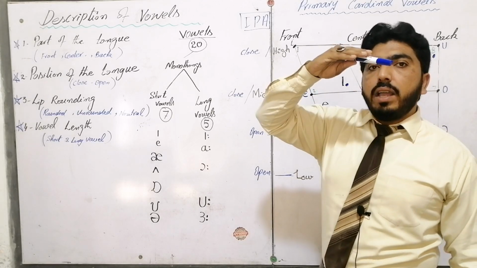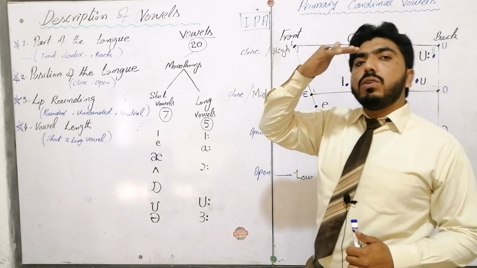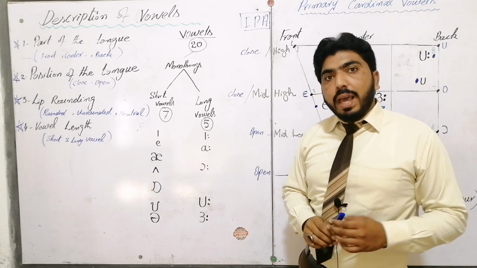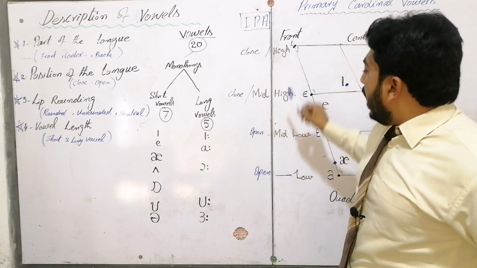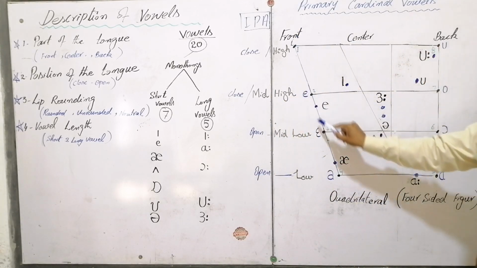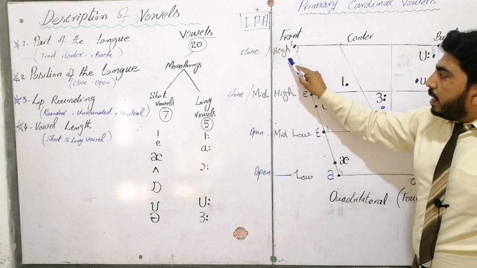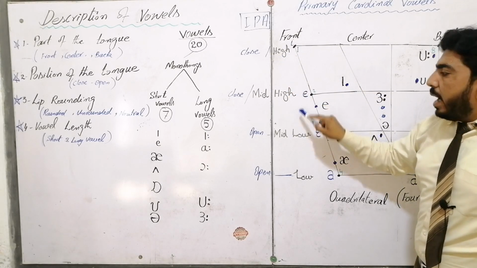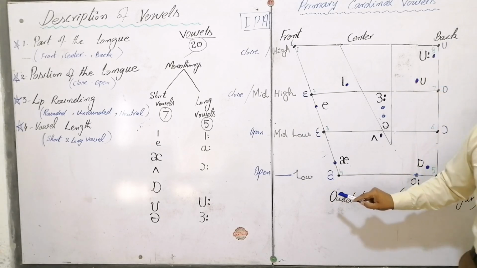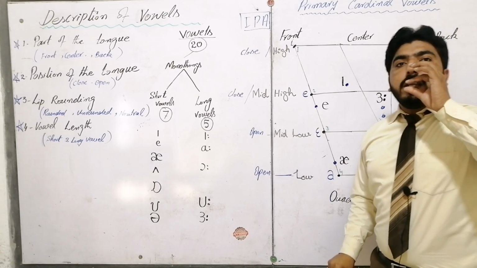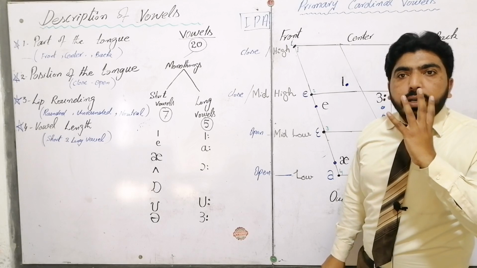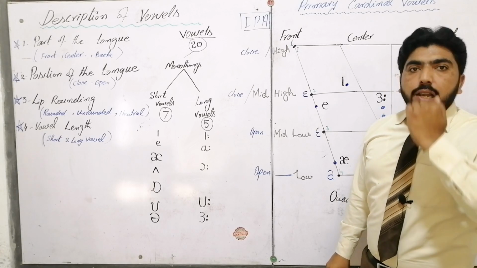When the tongue is high, of course, it will be close to the upper part of our mouth, the hard palate. This line shows the highness of our tongue, then mid-high, and then this one shows open. It means lips are open, jaws are open, and the tongue is lowered.